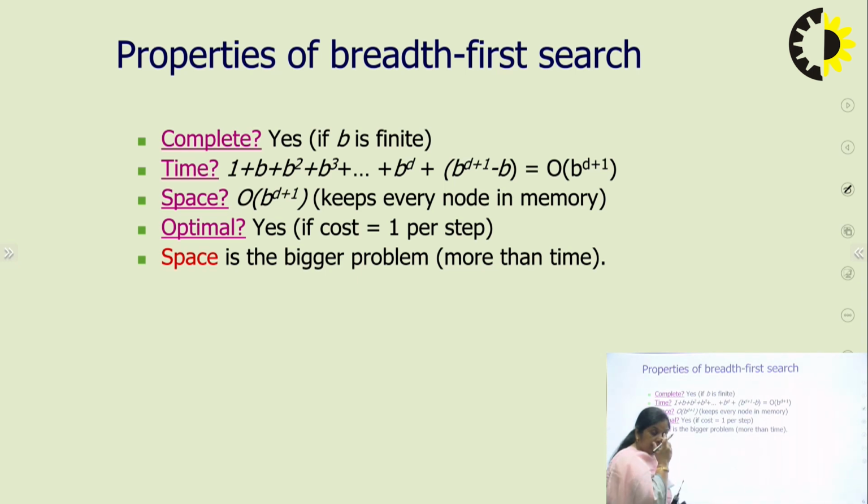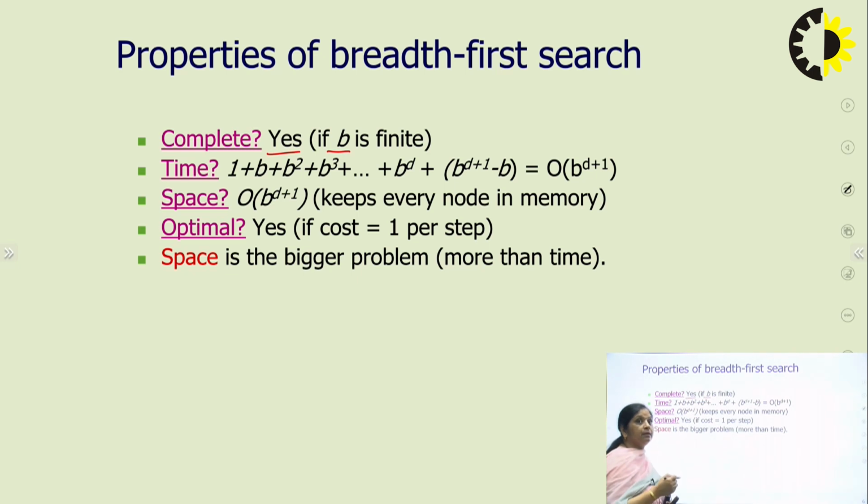Is it complete? A search strategy is complete if it is able to reach each and every node to do the goal test. Okay. So we have taken B as the number of child nodes, that is the successors. So if successors are finite, then definitely it will be complete.